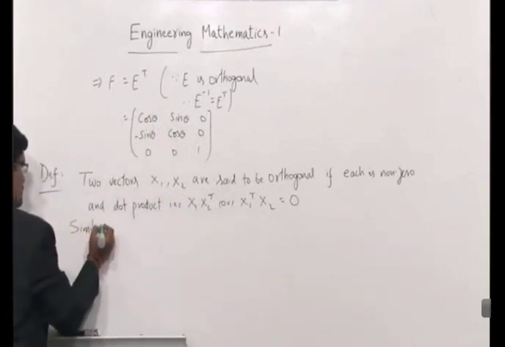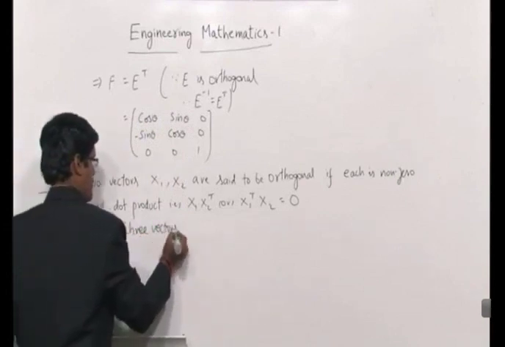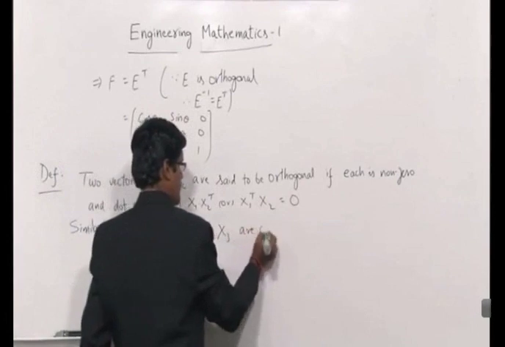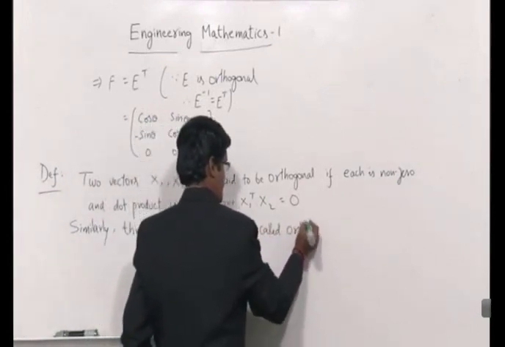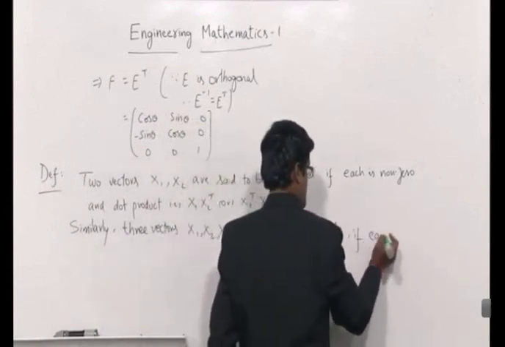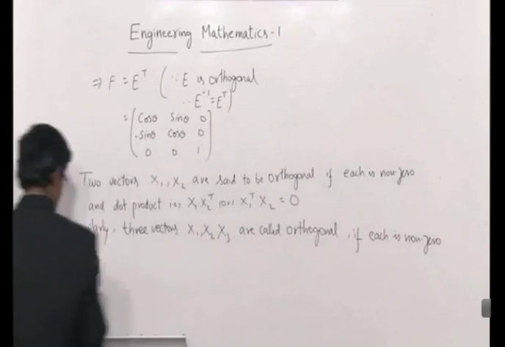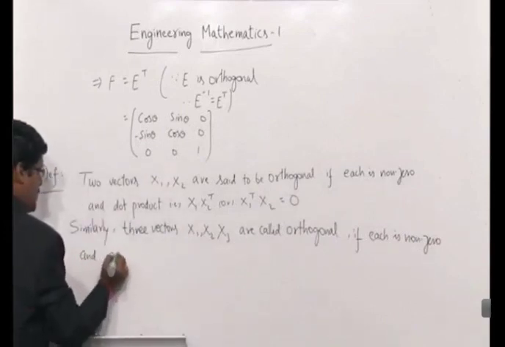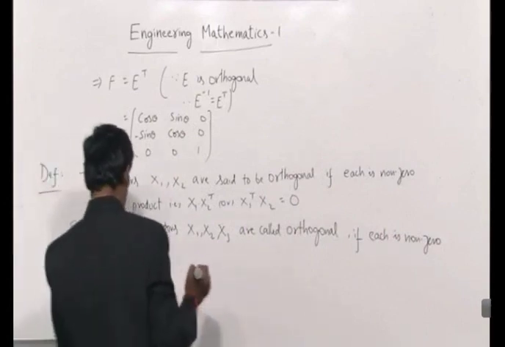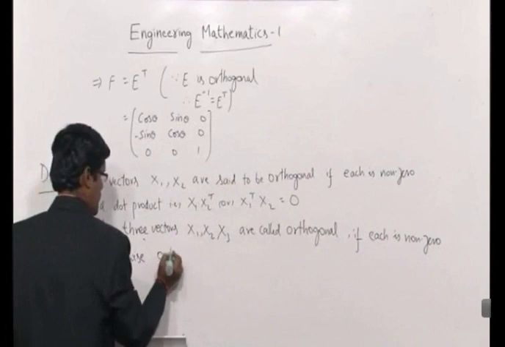Similarly, three vectors x1, x2, x3 are called orthogonal if each is non-zero and pairwise orthogonal.